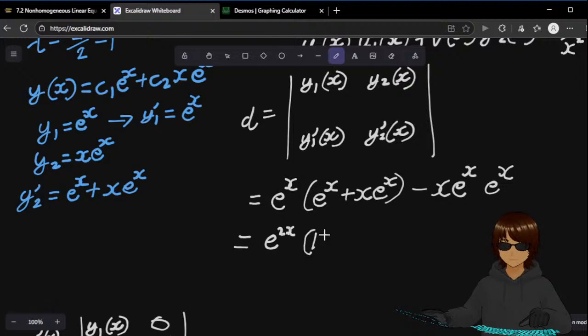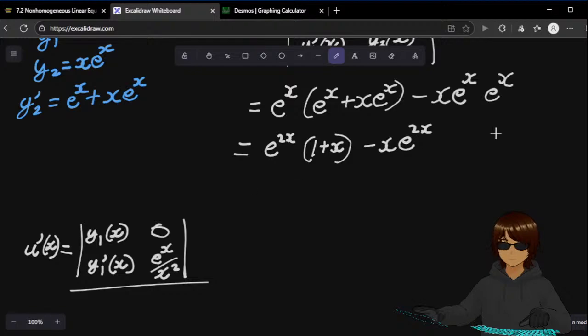So I have y and x, and then this is minus x e to x. But then the e to x plus x times e to x minus x e to x, they will cancel each other out.